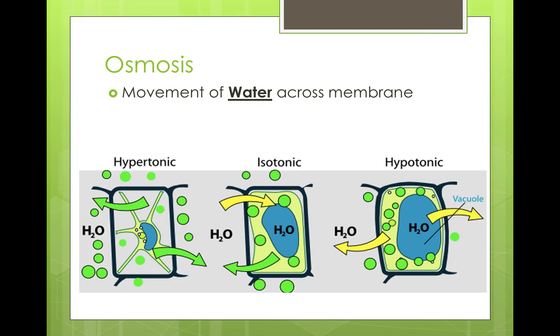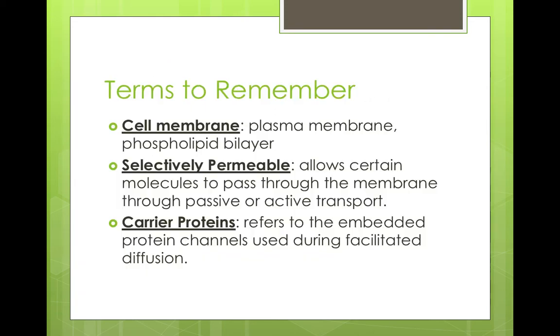So we're going to go over that next class in more specific detail. But you do have different types of osmotic pressure. We have a hypertonic solution, an isotonic, and a hypotonic. And we'll get into each one of those next class.